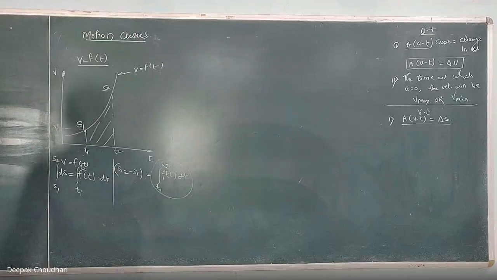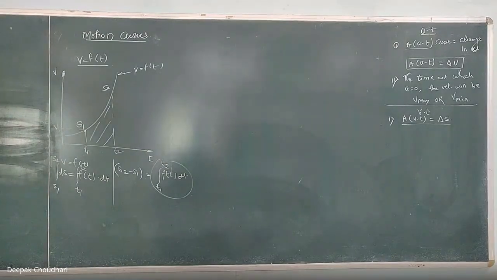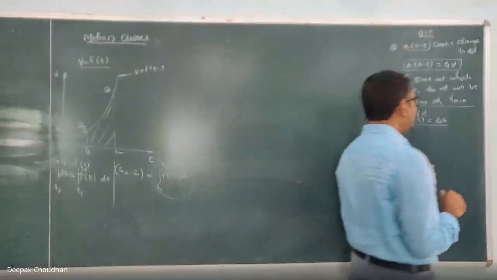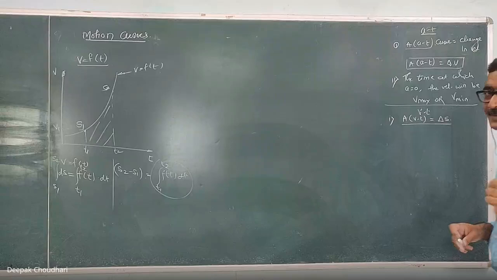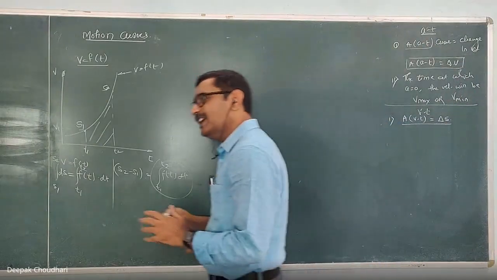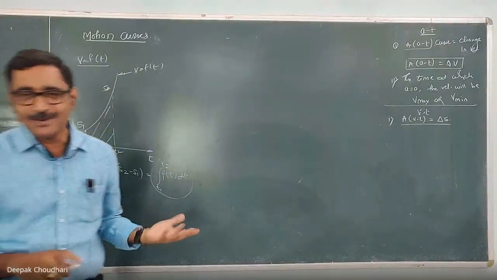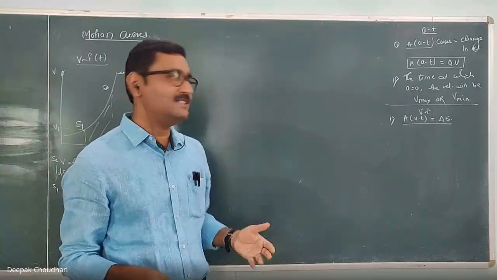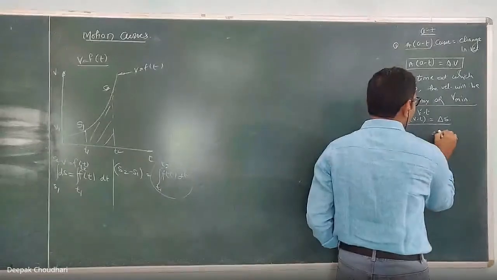Here area under VT diagram will not give you the displacement at any point or at any instant. It will give you the change in displacement. And just now in the morning lecture I told you that the change in displacement s2 minus s1 also gives you the distance traveled.